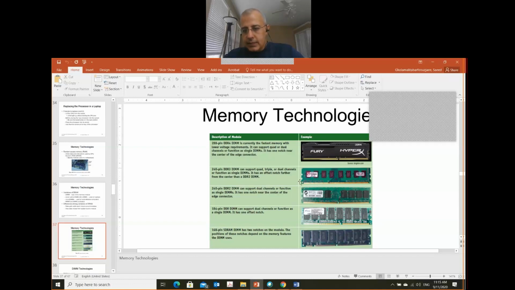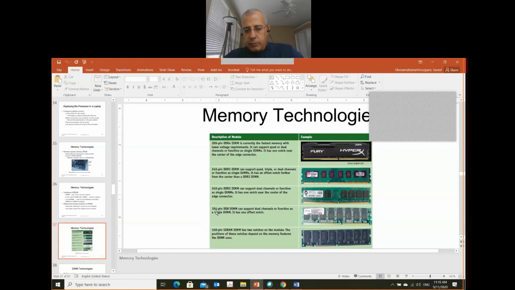The second type is called DDR3, which is 240 pin, and again with one notch, not located in the middle. For DDR4, this notch is almost in the middle, but it is located to the left. We have DDR2 memory, which has 240 pin, and it can support dual channel functions.